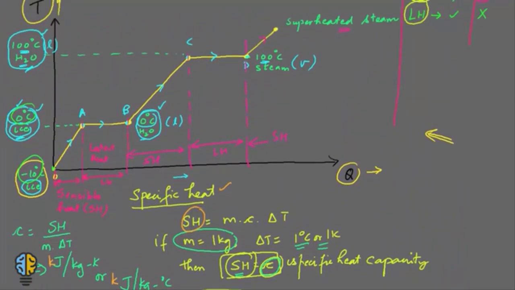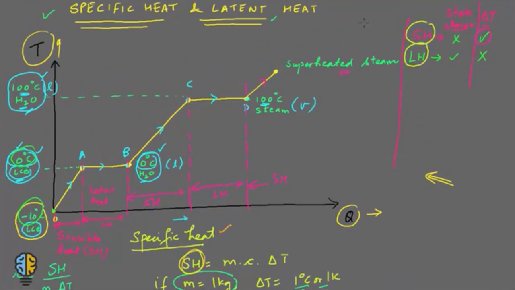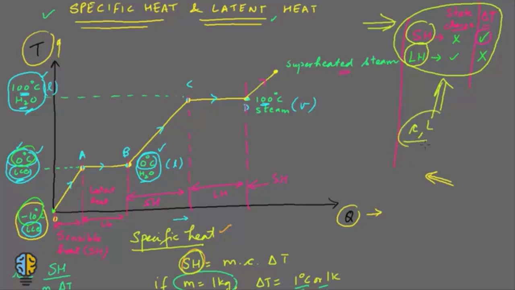And specific heat is linked to sensible heat, which has some delta T with it, but there is no state change. You can remember this small table that I have made to understand the difference between C and L. So this was all about heat transfer, specific heat and latent heat. Now let's look at a very basic example on application of heat transfer.